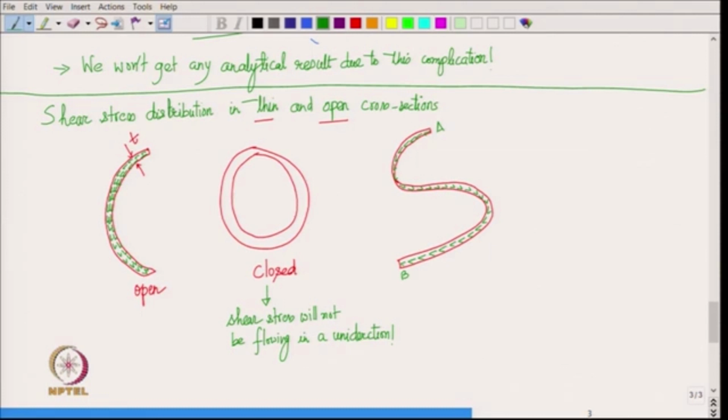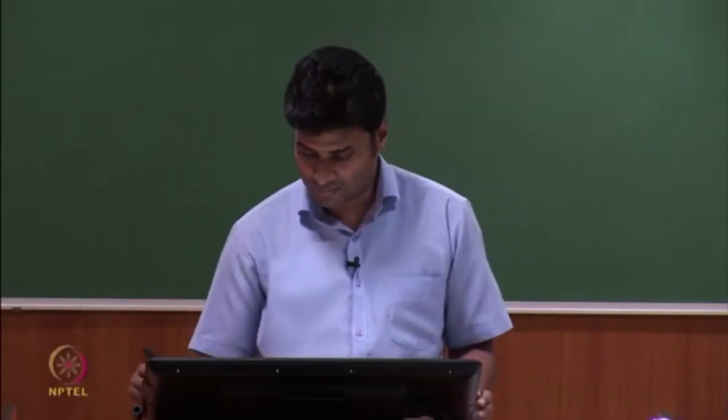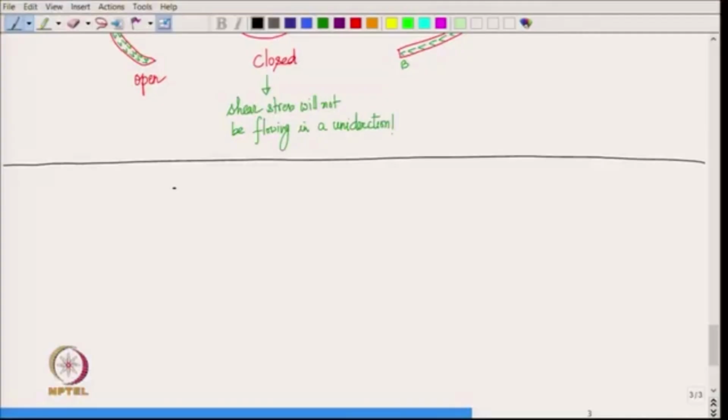Okay. So, let us discuss the distribution of shear stress in such cross sections, and we can actually have analytical formula. So, let us try to derive those formula. So, suppose that we have this beam which has thin cross section. So, the cross section is, let us say, something like this.